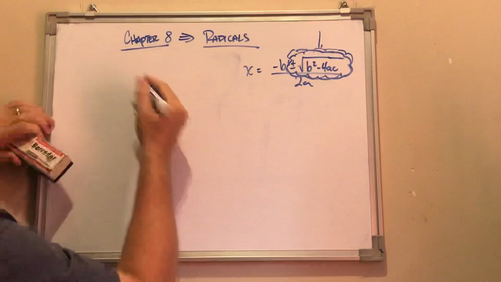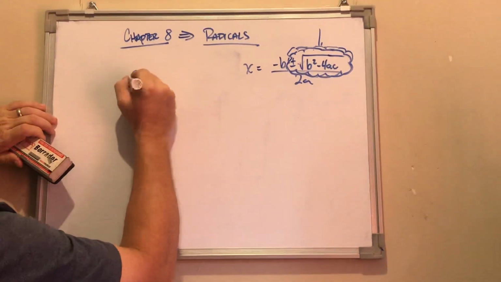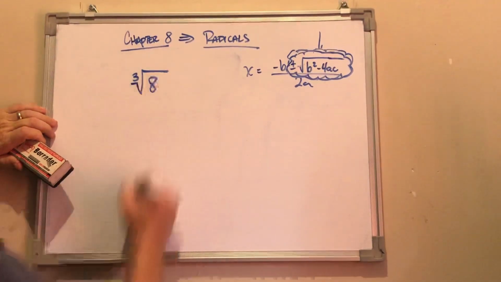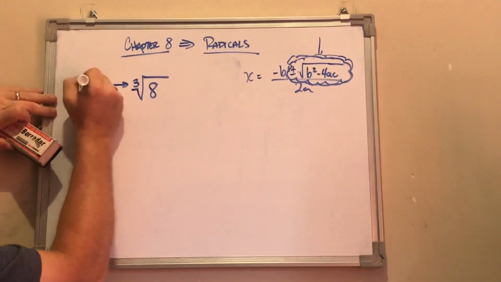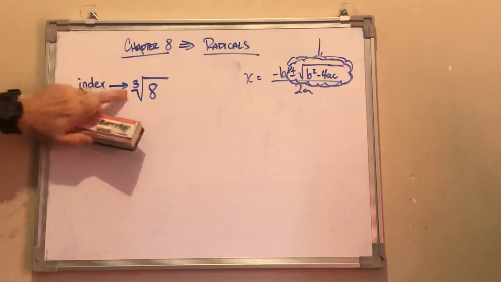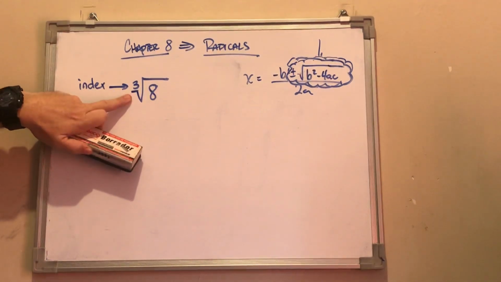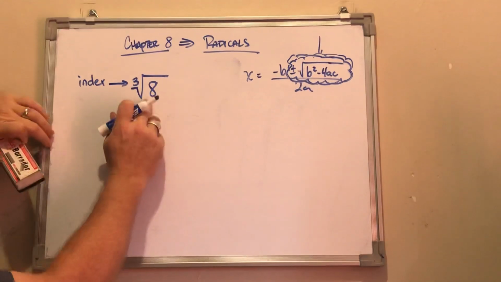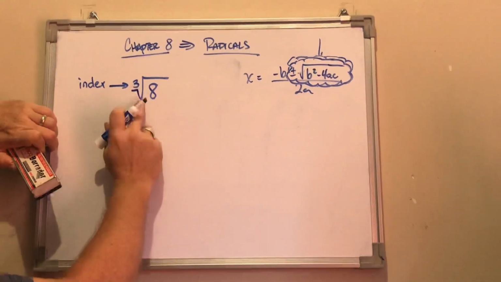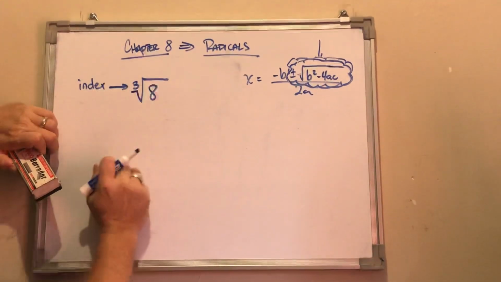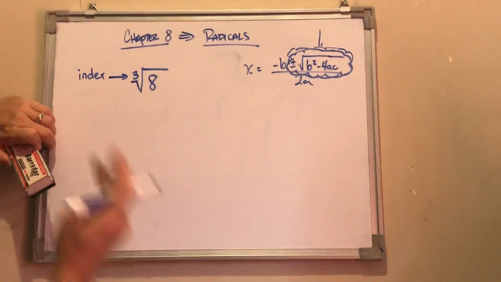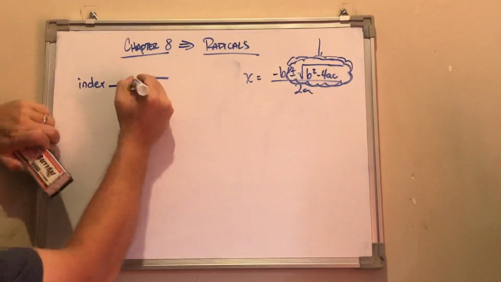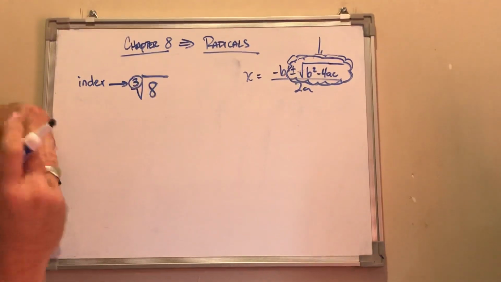So, if we have the cube root of 8, this 3 is what we call the index. This tells us the root. So there has to be a number within the radical with an index of 3 that can be multiplied by itself 3 times, because the index tells us 3 times.